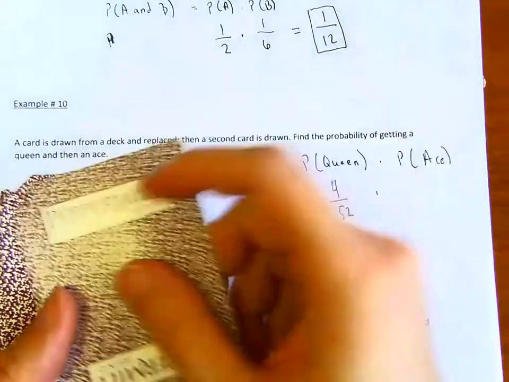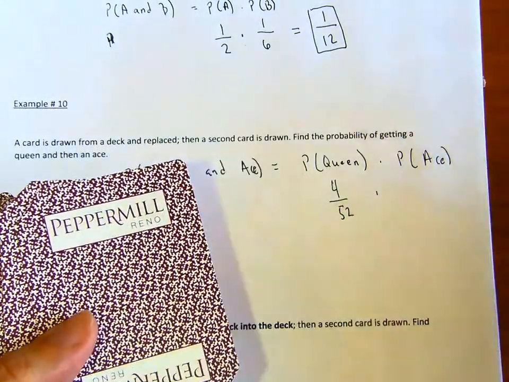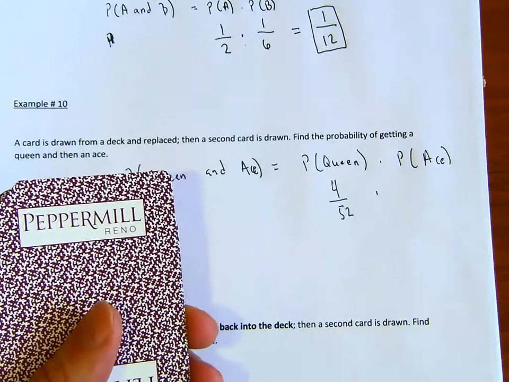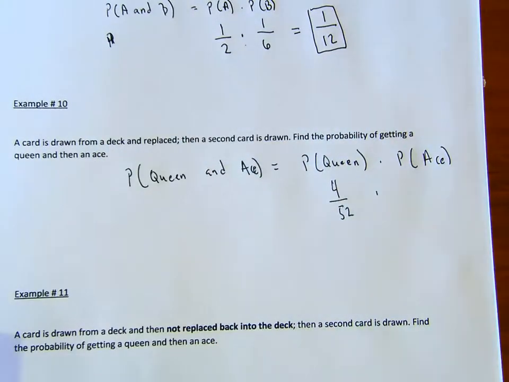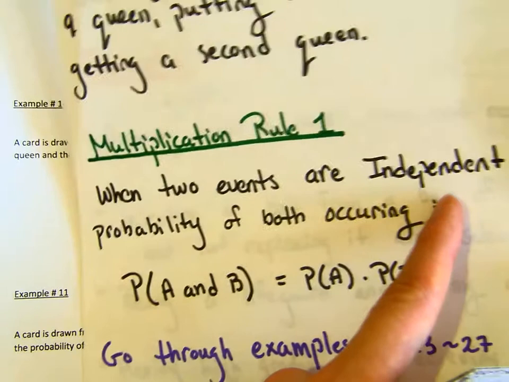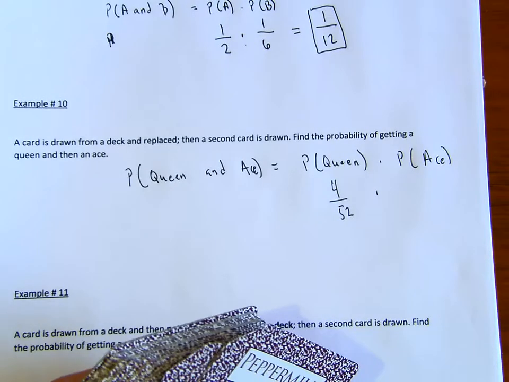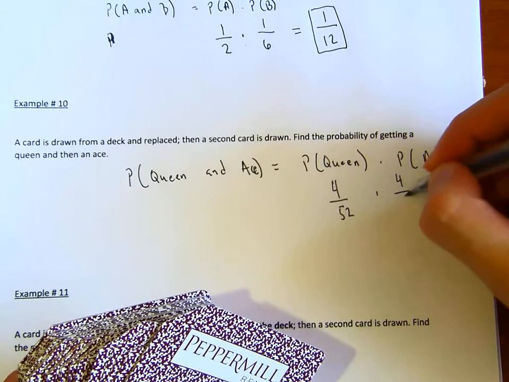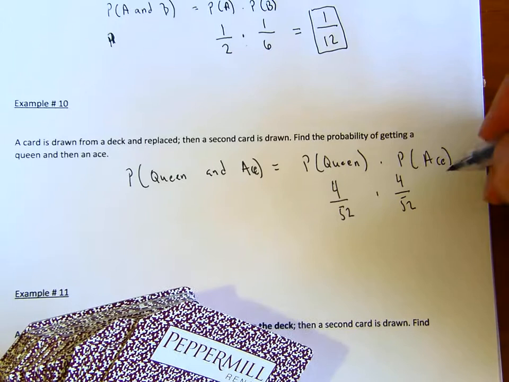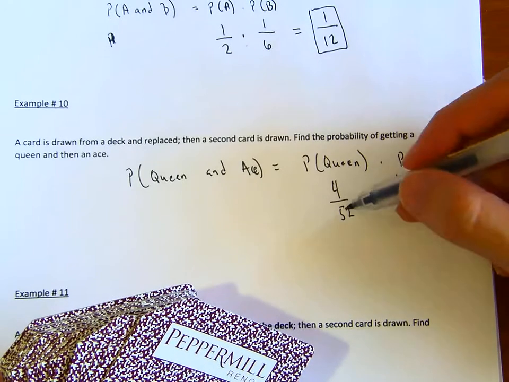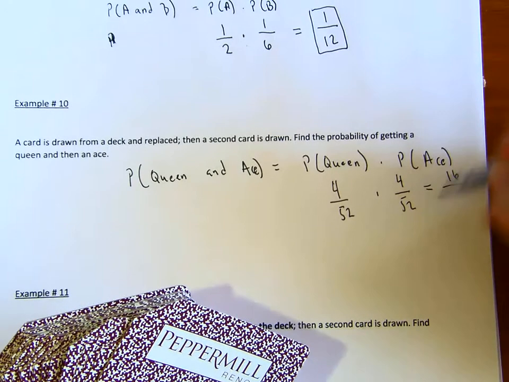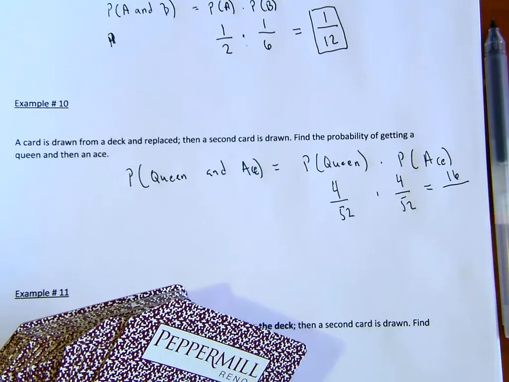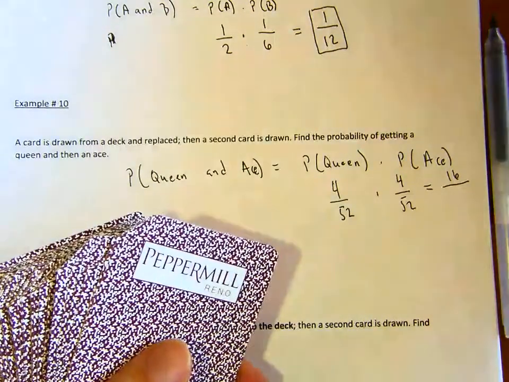I'm going to put this queen back into the deck, so it's not like I have 51 cards. Now I still have 52. So these are still independent events. Now this is 4 over 52, because there are still 52 cards in the deck. So 4 over 52 times 4 over 52. I don't know what that number is. What is 52 squared? Let me get my calculator.